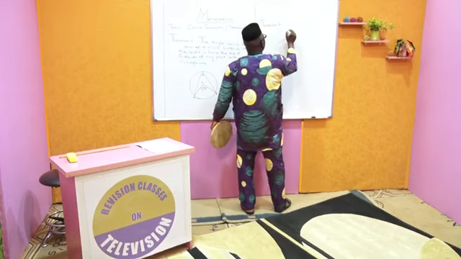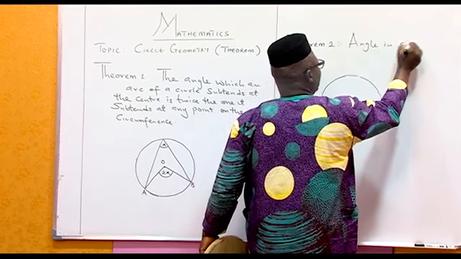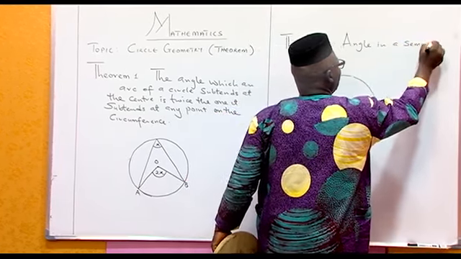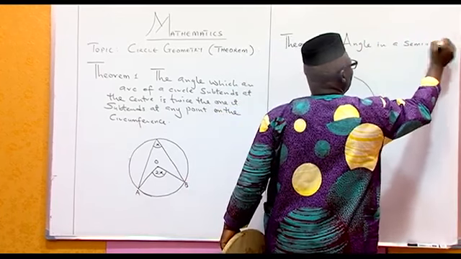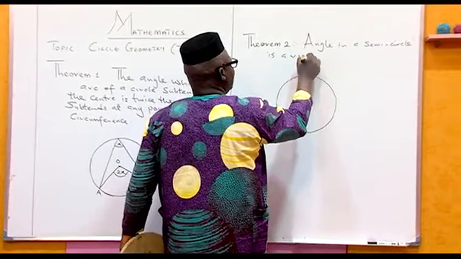Let me write the theorem. Angle in a semicircle is a right angle.